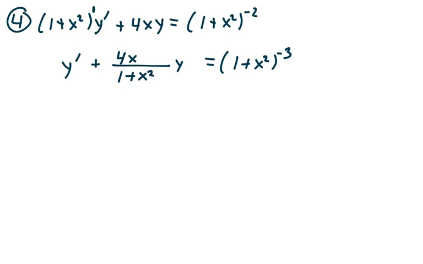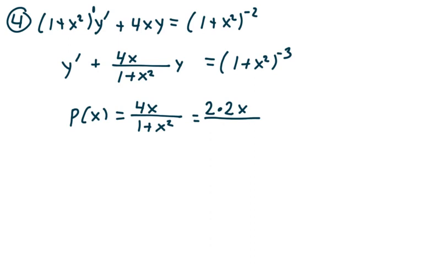Now, p of x is 4x over 1 plus x squared, okay? Now, I'm going to show you something here. I'm going to write this as 2 times 2x divided by 1 plus x squared. Now, you might ask, well, why would I do that?